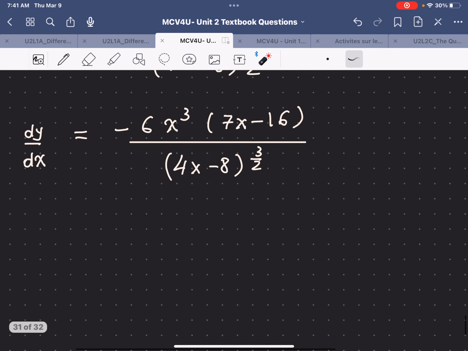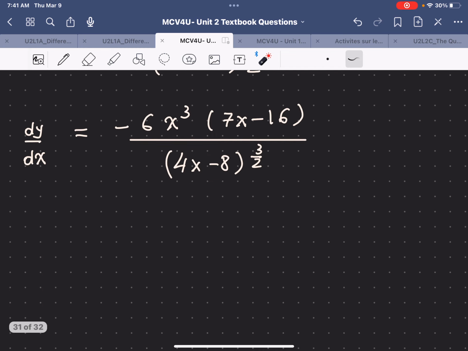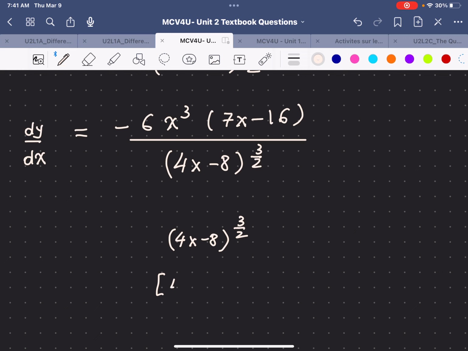And I will show you how I would do this. Obviously, there are different ways. So I'm just going to work with this part of the derivative. So if we have 4x minus 8 to the power of 3 over 2, it's the same as saying 4 times x minus 2 to the power of 1 over 2 to the power of 3, right?